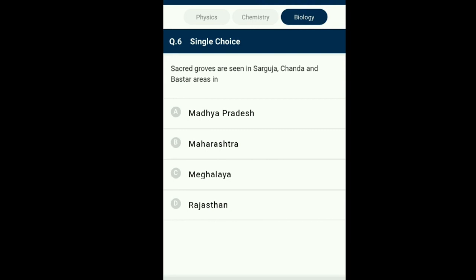Such sacred groves are found in Khasi and Jaintia Hills in Meghalaya, Aravalli Hills of Rajasthan, Western Ghat regions of Karnataka and Maharashtra, and Sarguja, Chanda, and Bastar areas of Madhya Pradesh. In Meghalaya, the sacred groves are the last refuges for a large number of rare and threatened plants. So the answer is option A, Madhya Pradesh.